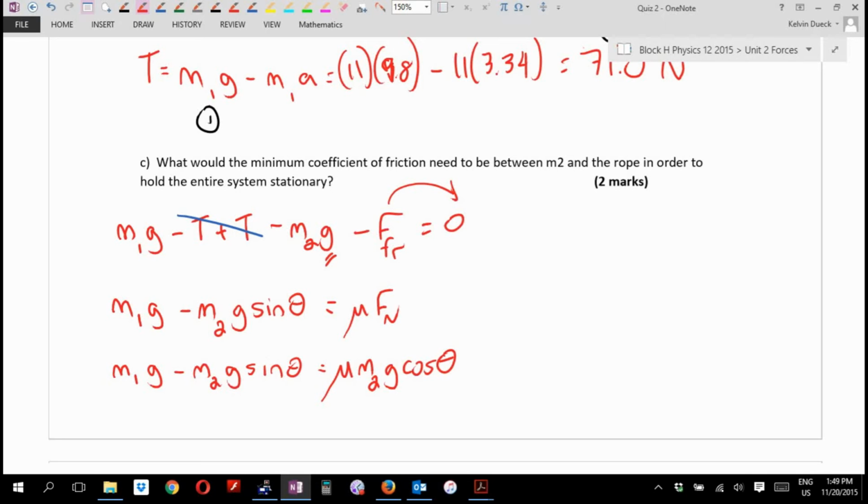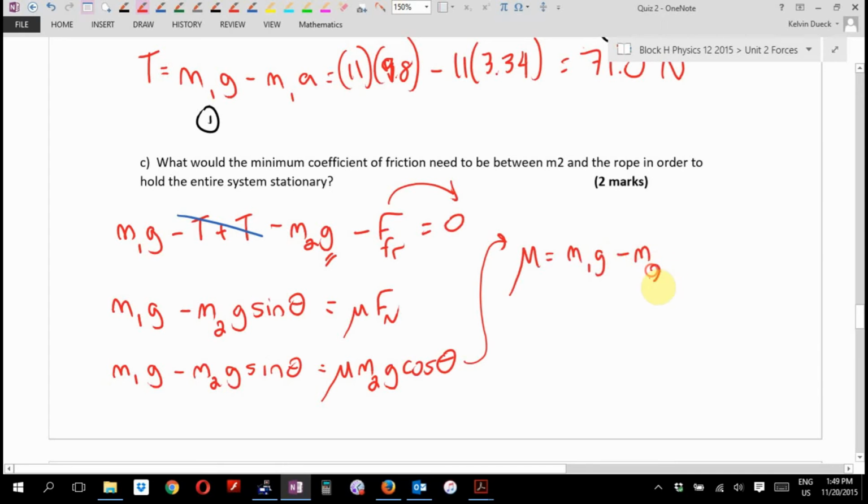What am I trying to find? What's mu? I don't know. What's mu with you? How would I get the mu by itself? Yeah, this looked ugly, but it turned out not to be too bad. Mu is going to be M1G minus M2G sine, all divided by M2G cos.